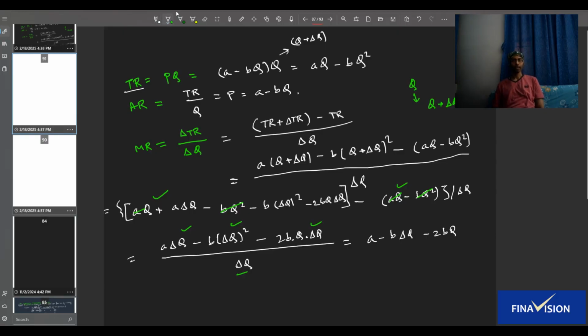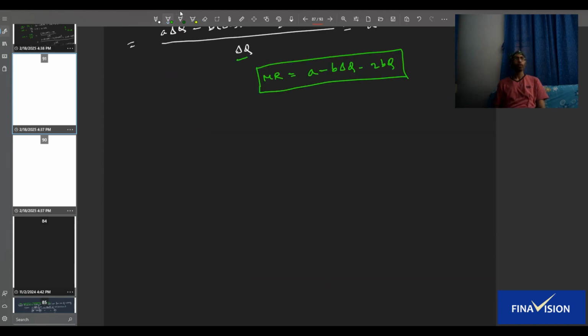So the marginal revenue expression is MR = A - B del Q - 2BQ. Now we talk about elasticity.